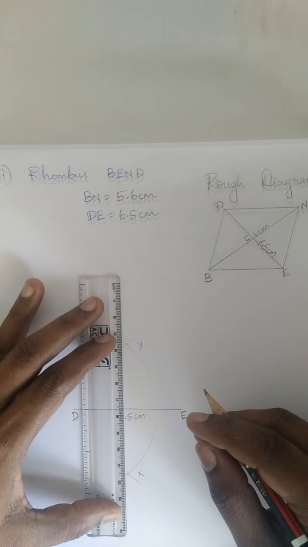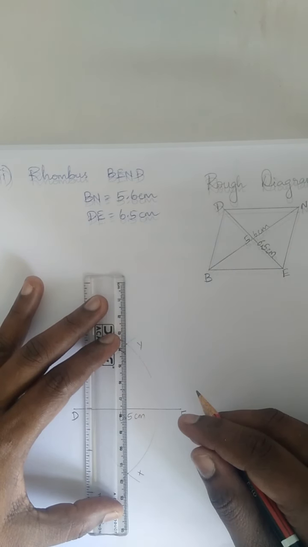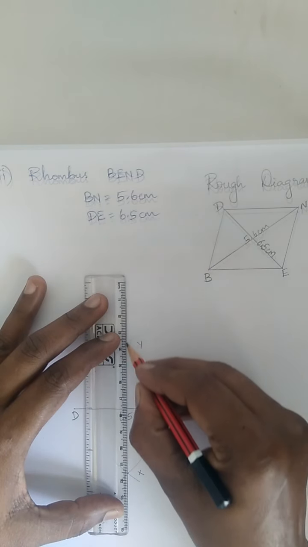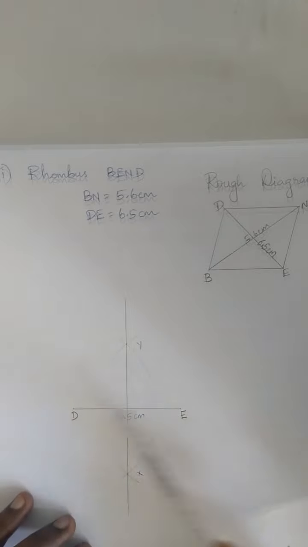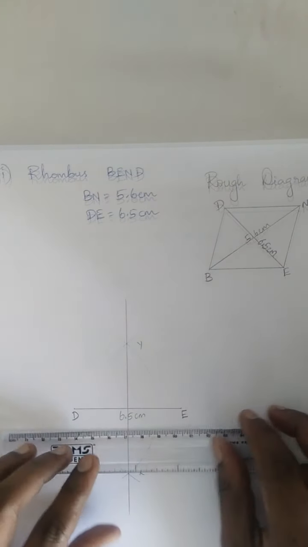Now join these X and Y and extend like this. So now this is the perpendicular bisector. Perpendicular bisector means the 6.5 is divided into 2 equal parts.